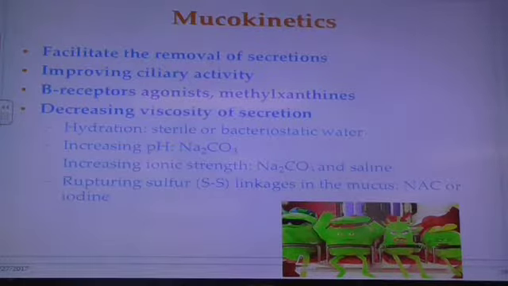The first group is the mucokinetics. Mucokinetics are drugs that facilitate the removal of the secretion, improve the activity, and increase the production of a more liquid secretion. The more liquid it is, the less viscous it goes from being viscous.